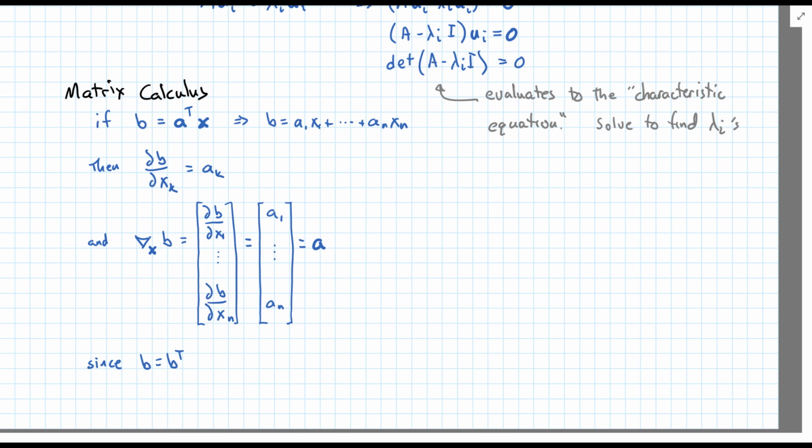Now, since B is a scalar, B is going to be equivalent to B transpose.